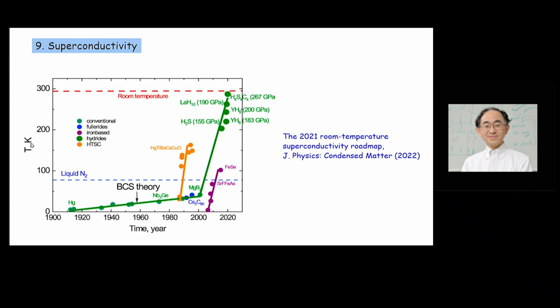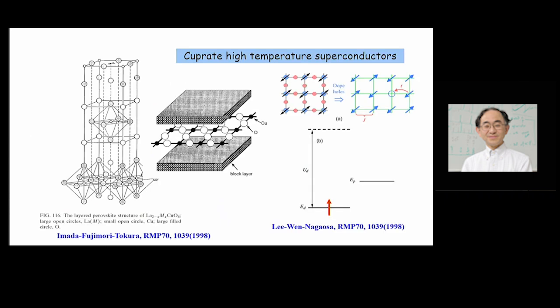But even though this high pressure is needed, this hydrogen superconductor is very promising. But other than that, this magnetic oxide is another promising candidate for a higher Tc. And actually, this is the cuprates system. Starting from the d9 configuration of this two-dimensional network of copper oxygen, this is a charge transfer insulator.